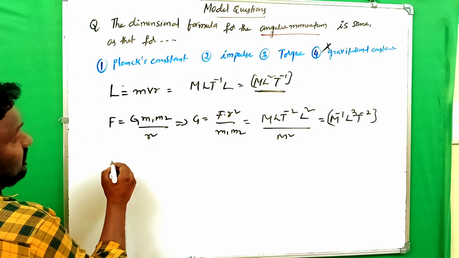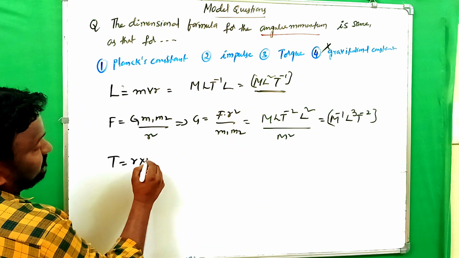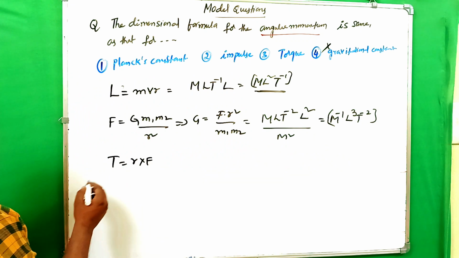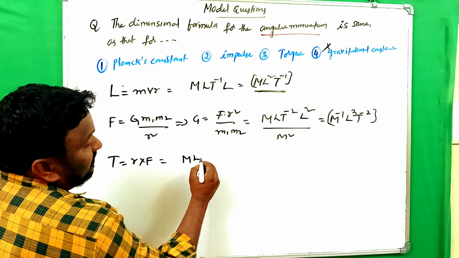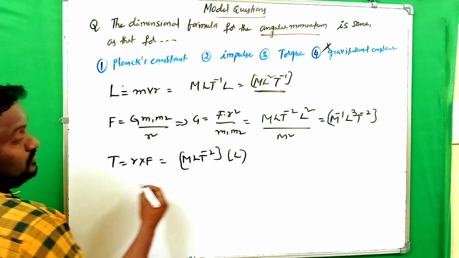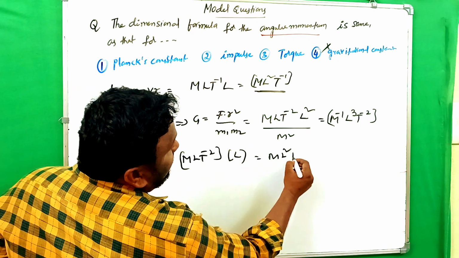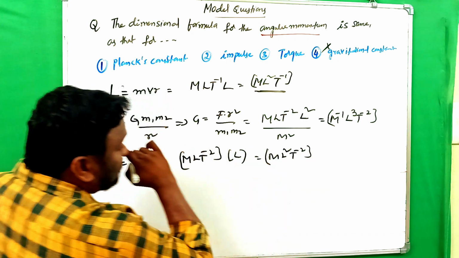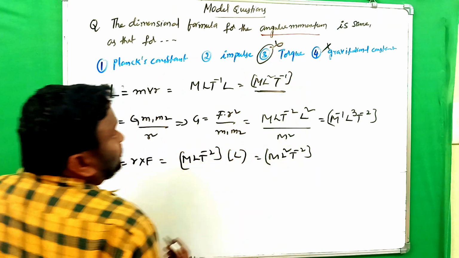Next, torque. Tau is equal to R cross F. M L T inverse 2 into L. Clear? Then what you get? M L square T inverse 2. So these two are not the same, that's why the third option is also wrong.